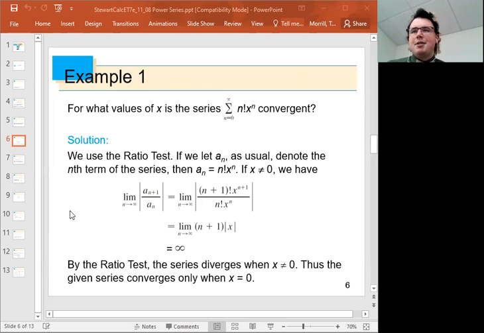The ratio test says take the quotient of successive terms in your sequence in absolute value. So here, the limit as n goes to infinity of the absolute value of my n plus first term in the series divided by the nth term in the series. Well, that's going to look like the absolute value of n plus 1 factorial times x to the power n plus 1, all over n factorial times x to the n.